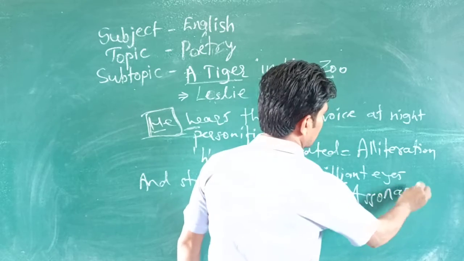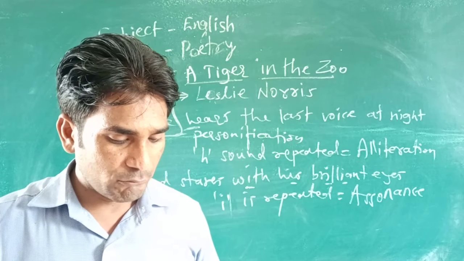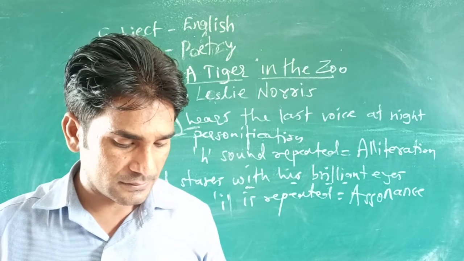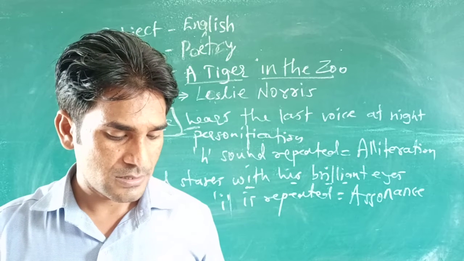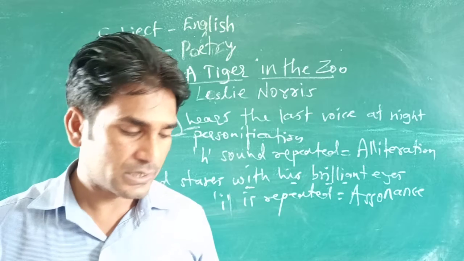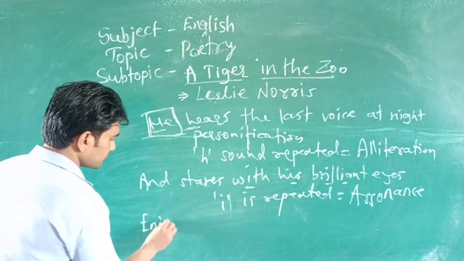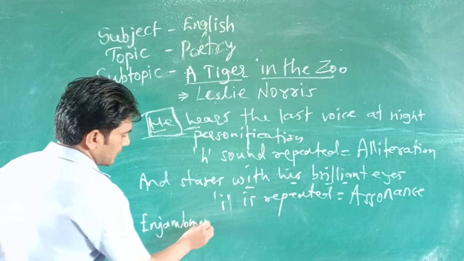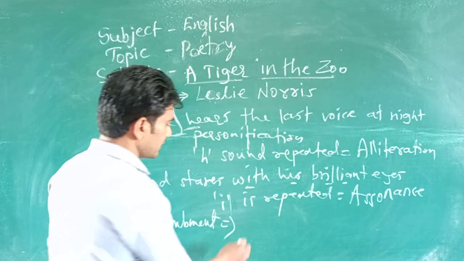Besides, enjambment is there, as in lines 3 and 4.